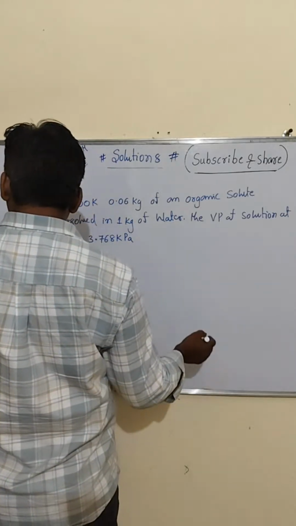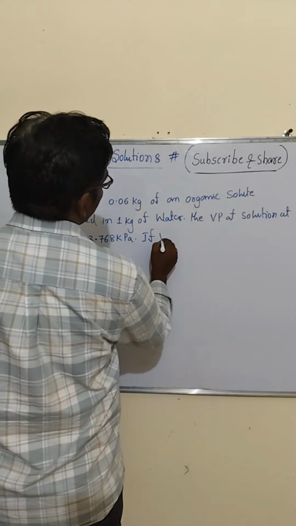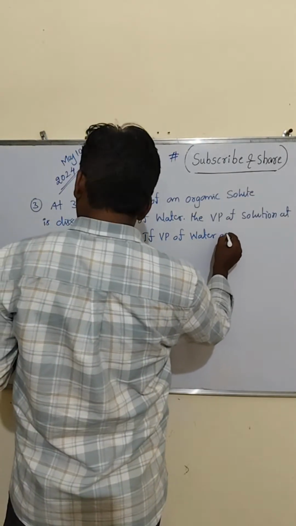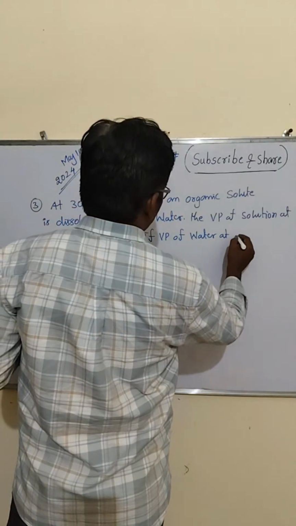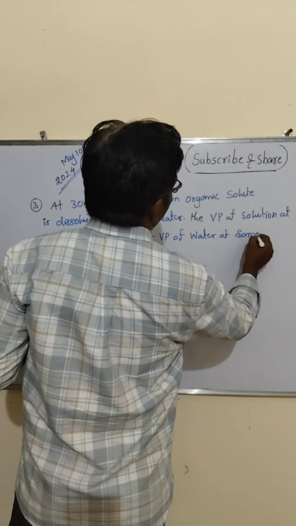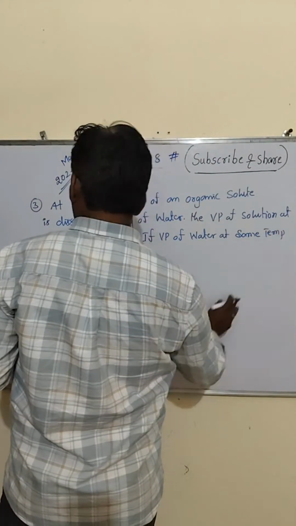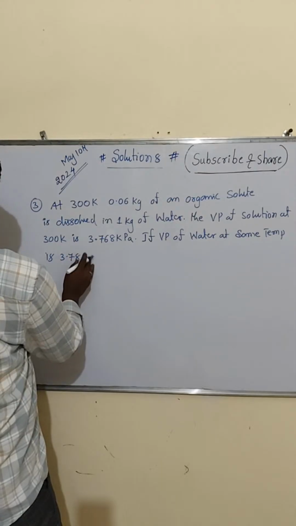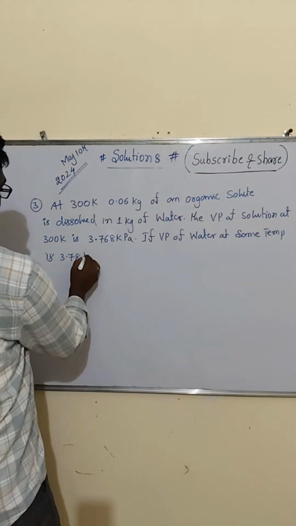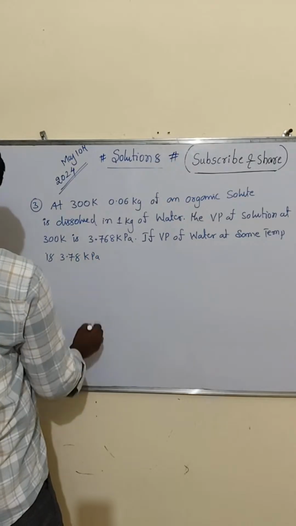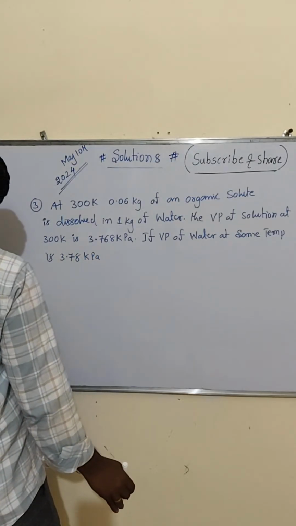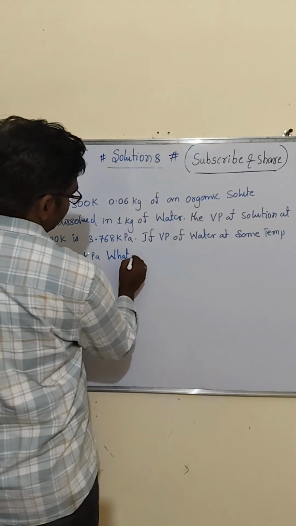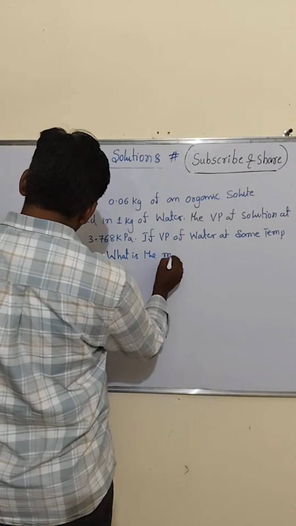If the vapor pressure of water at the same temperature is 3.78 kilopascals, what is the molar mass of the organic solute?